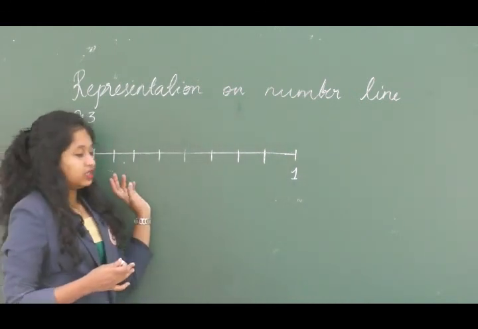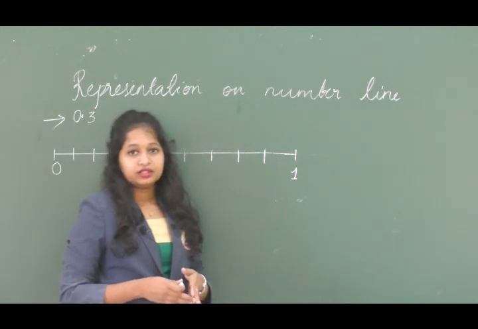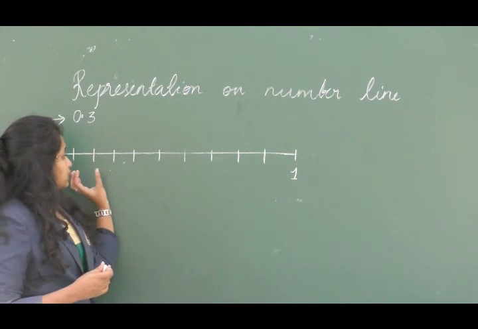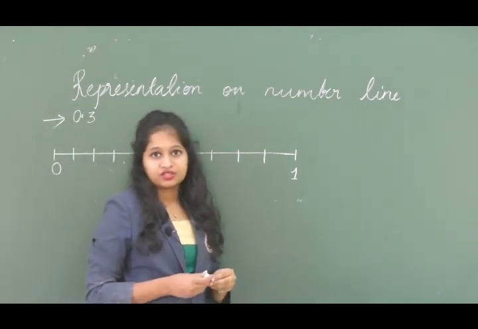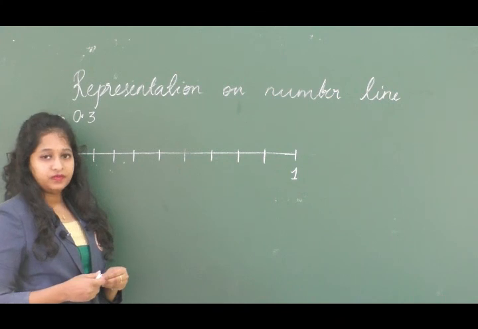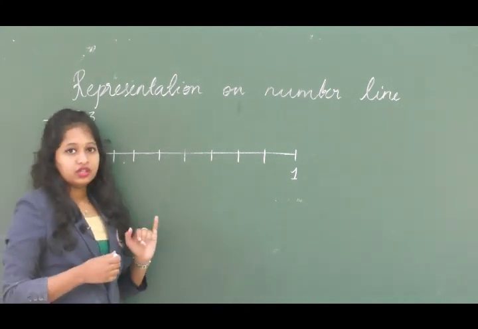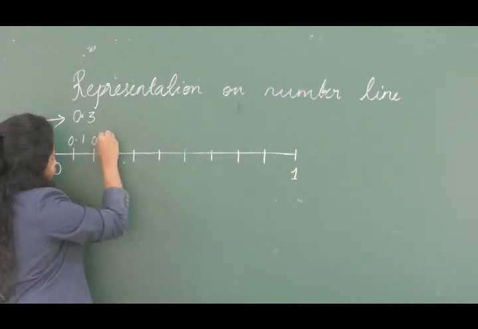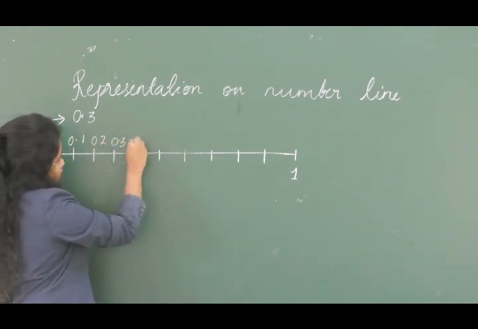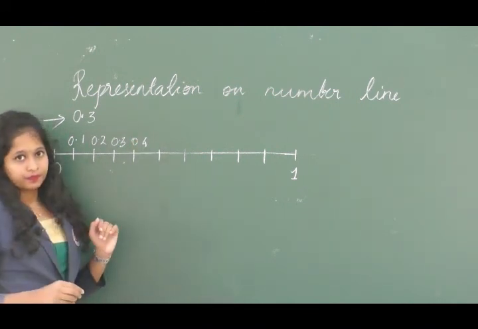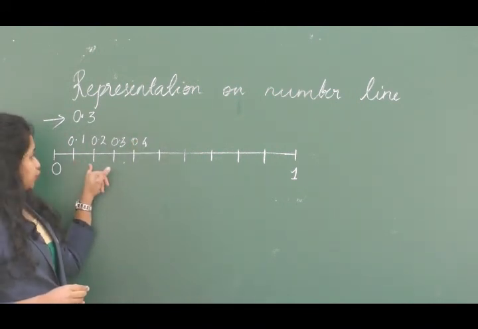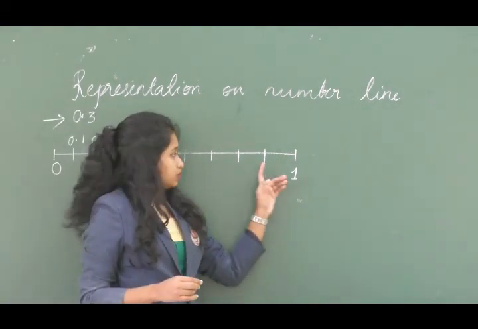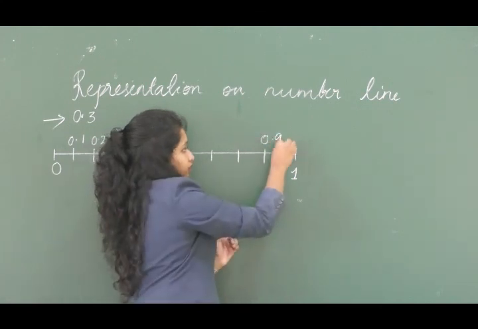So draw a straight line and mark 10 equal divisions in it. Okay? So each point denotes 0.1, 0.2, 0.3, 0.4, etc. So this is 0.1, 0.2, 0.3, 0.4 up to 0.9 and then 1.